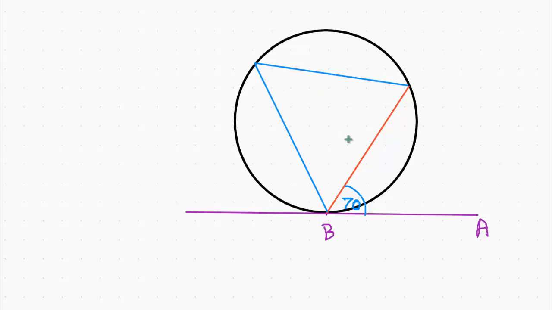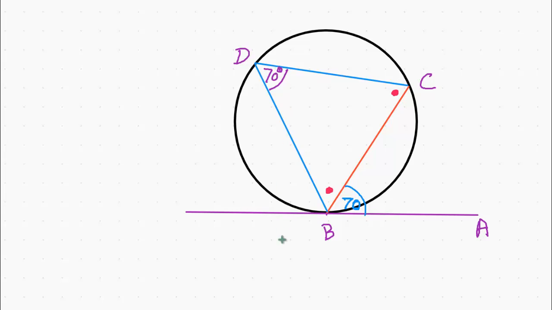Out of these three, these two angles on B and C are touching the red chord. So the angle between the red chord and the tangent line, 70 degrees, is equal to the angle over here on D. This is also 70 degrees.